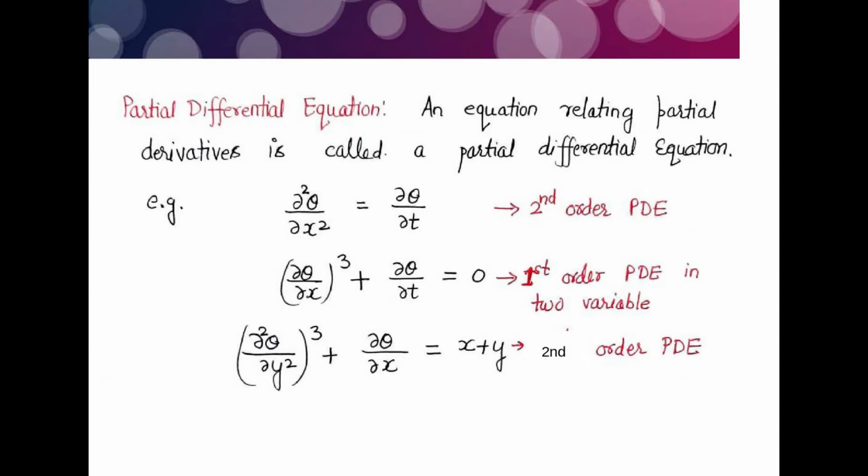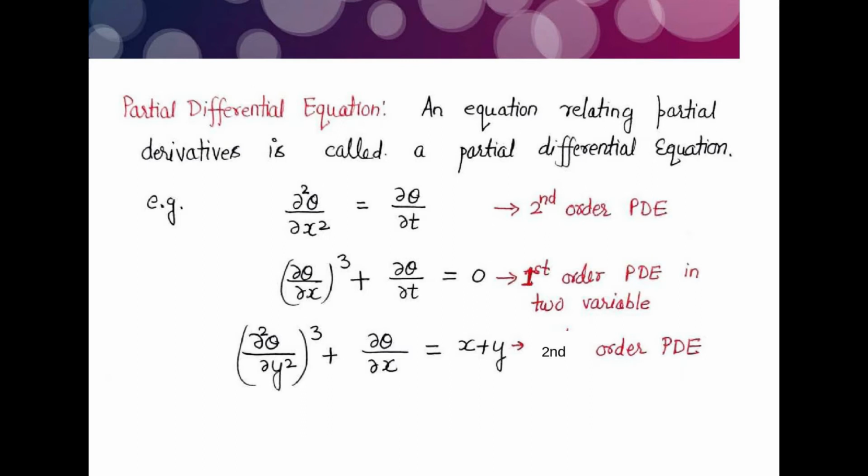So this is the definition of a partial differential equation. An equation relating partial derivatives is called a partial differential equation. For example, del square theta divided by del x square is equal to del theta over del t. This is a second order partial differential equation.